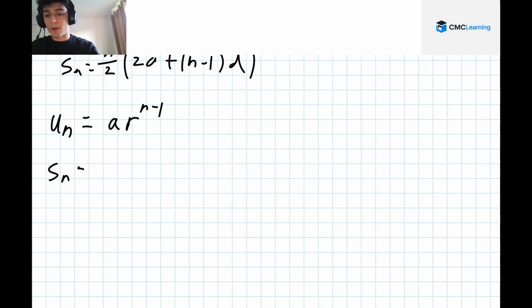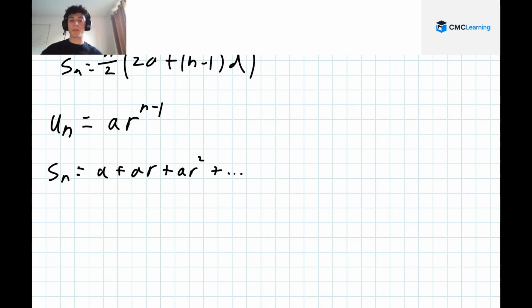First, let's have a quick look at what is happening with the first three terms and last three terms. We know the first term is a, then a multiplied by r, then a multiplied by r squared. Those are our first three terms.